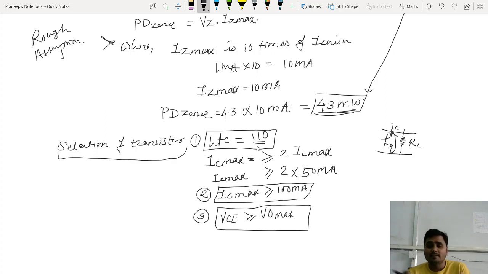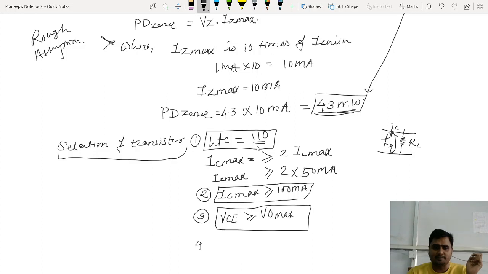You will never get the output voltage exactly equal to 12 volt, or at the voltage of 12 volt the transistor will never sustain. If the VCE rating is very small, obviously the transistor will never sustain that much output voltage. So that's why VCE must be large for a transistor. Large means how much? At least it should be greater than the output voltage. So that's our third parameter to select the transistor.